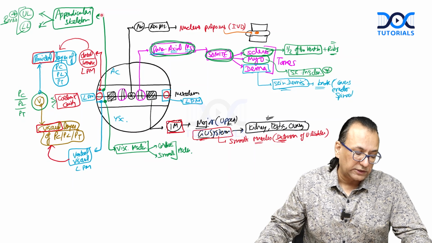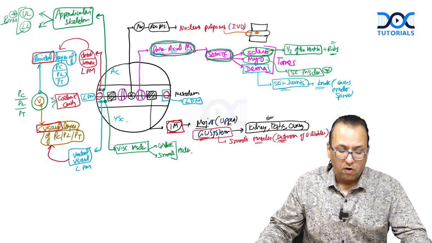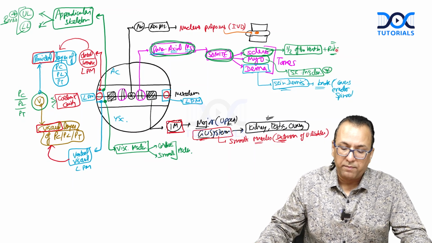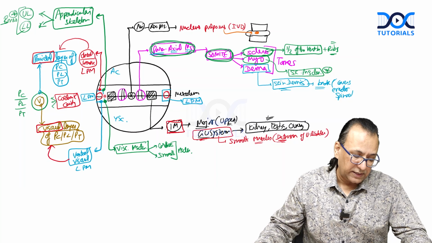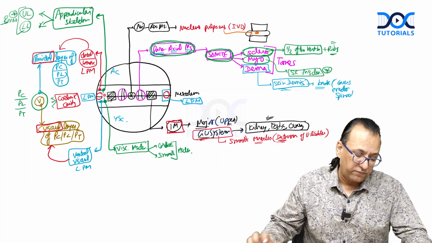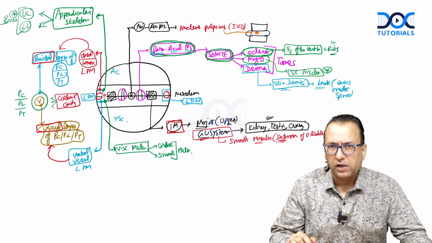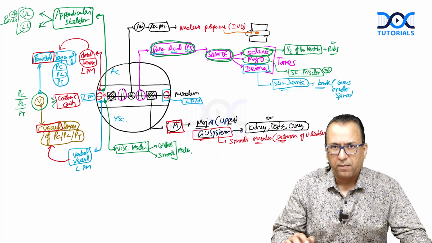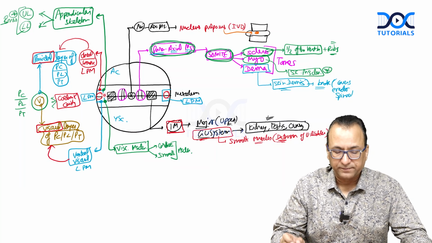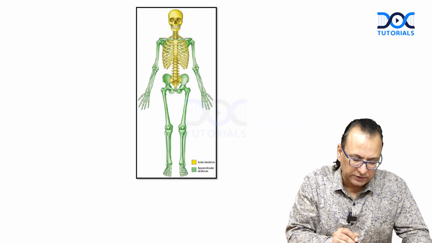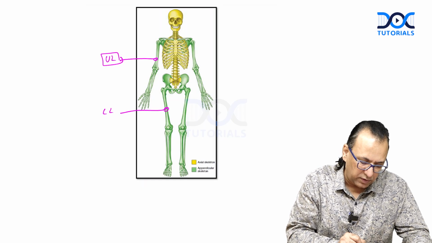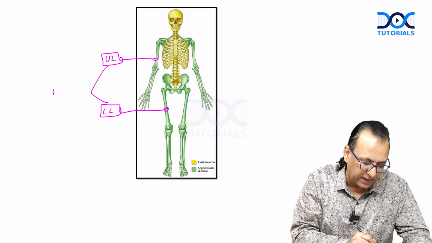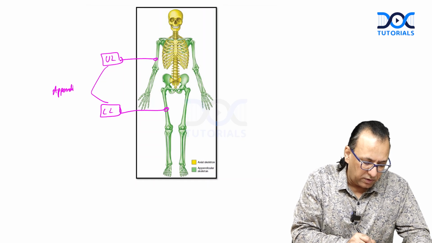Now why is all this important? Because the examiner has already asked about rib development. Next they may be asking about the sternum or upper limb and lower limb. So they are developing here. Let us look at the skeleton of the body and discuss where all the bones are developing from. It is kind of a revision then. We have just mentioned the upper limb bones and the lower limb bones, which we are considering as the appendicular skeleton.